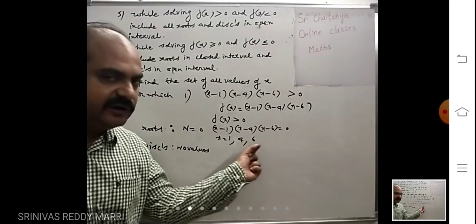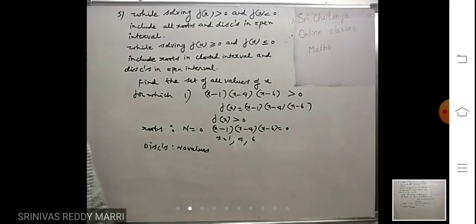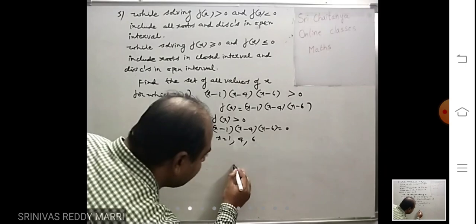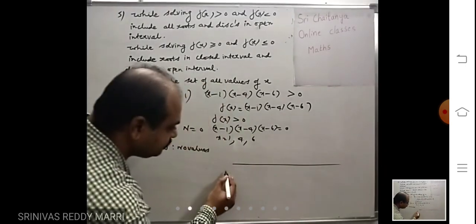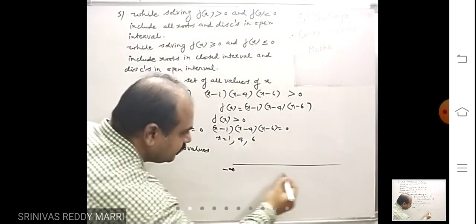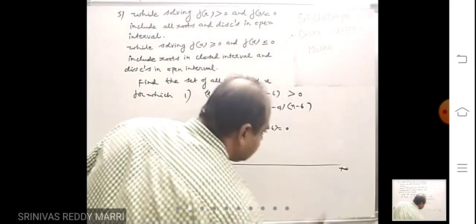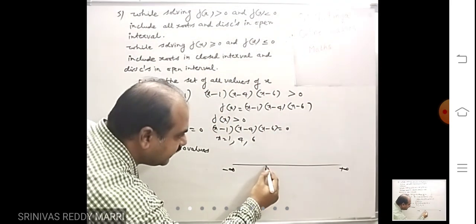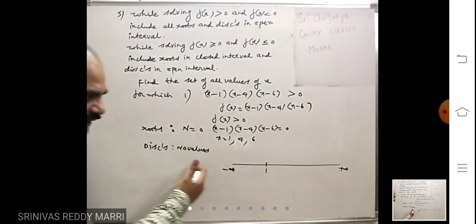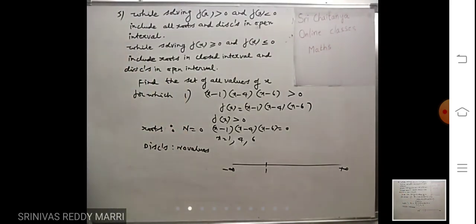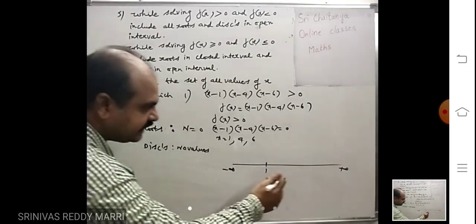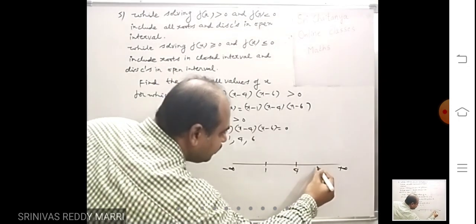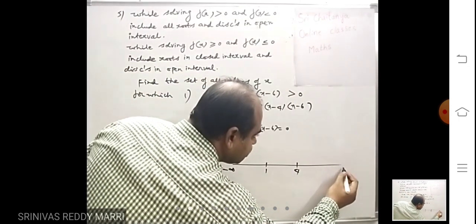So can you mark 1, 4, 6 on the real number line? One number line you draw like this. First you will get 1 in ascending order, the smallest one, then the next highest, 4, 6.